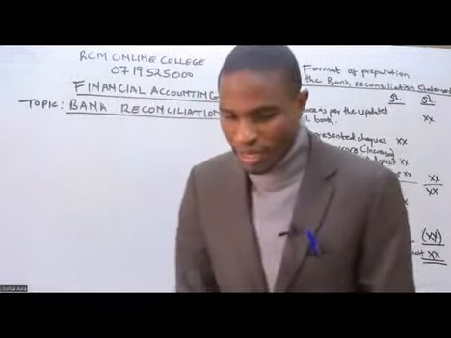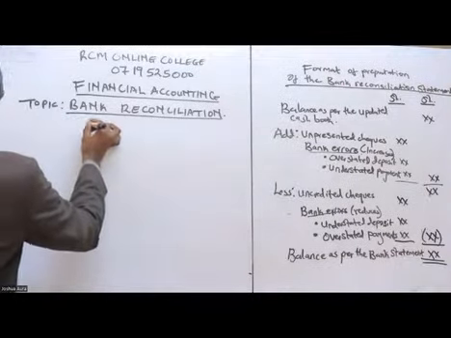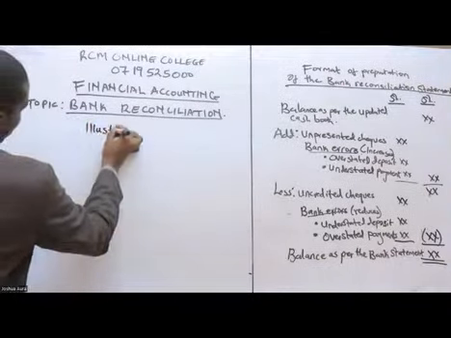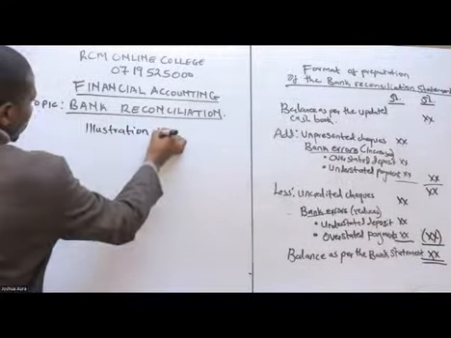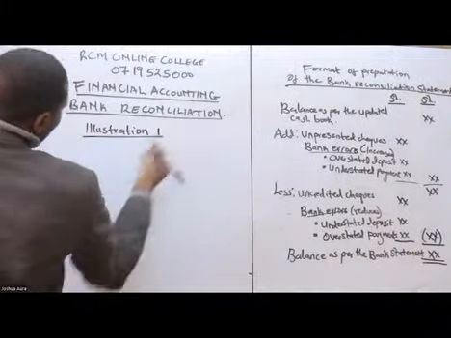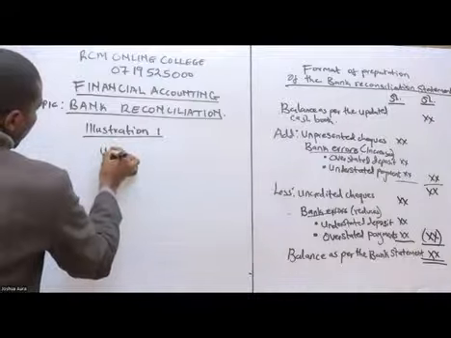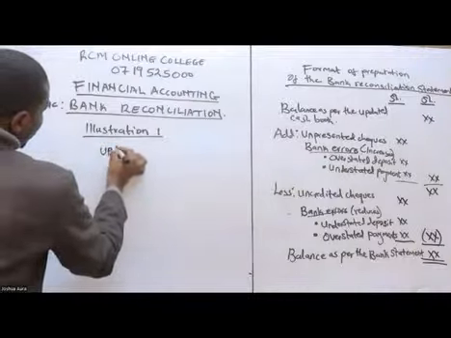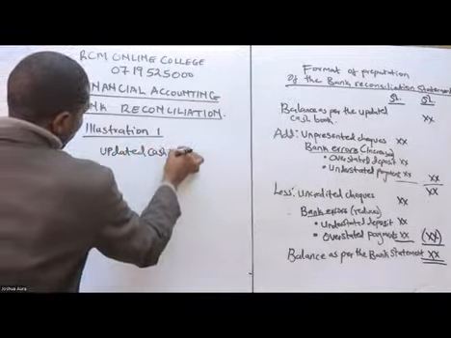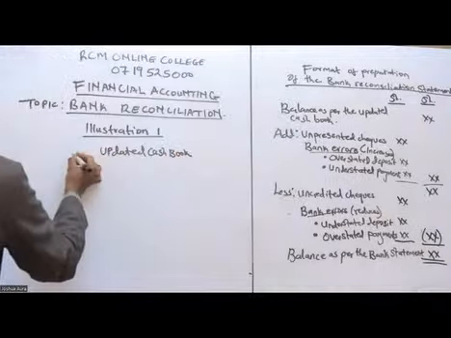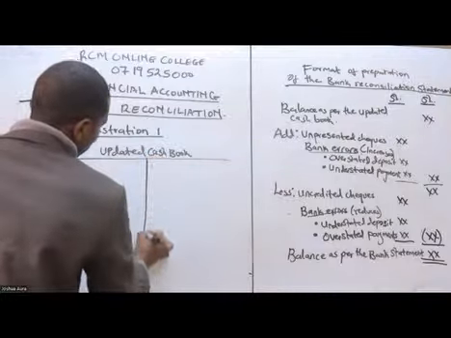So just say Illustration 1. For illustration 1, we have the adjusted or updated cash book. We start with the updated cash book as our first thing.